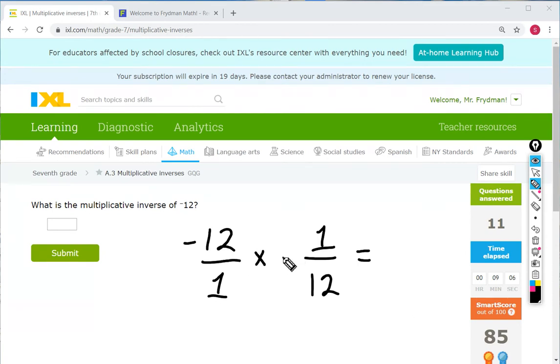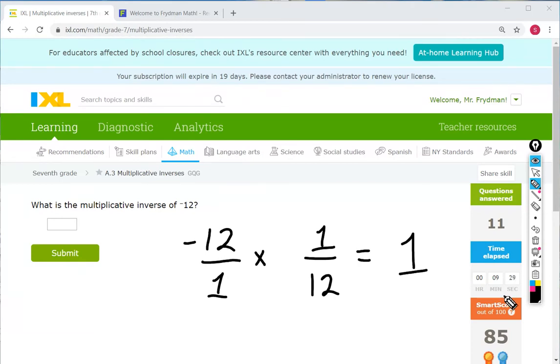So should we keep the negative here for our multiplicative inverse, or should we not? Should we say that the answer is 1 over 12, or should we say that the answer is -1 over 12? Well, remember again, we want the answer to be 1. We don't want the answer to be -1. We want the answer to be +1.